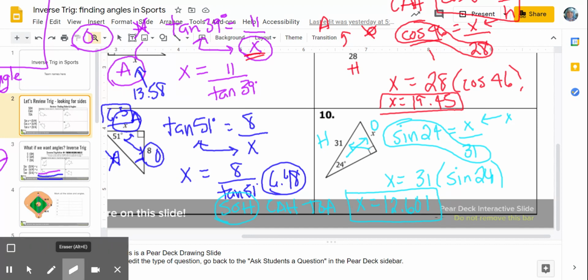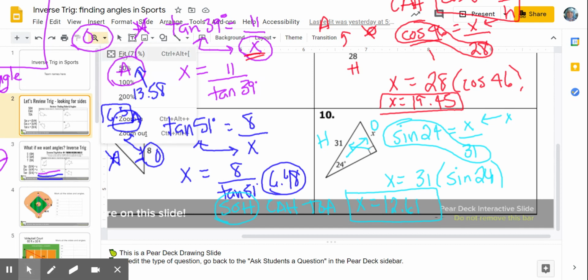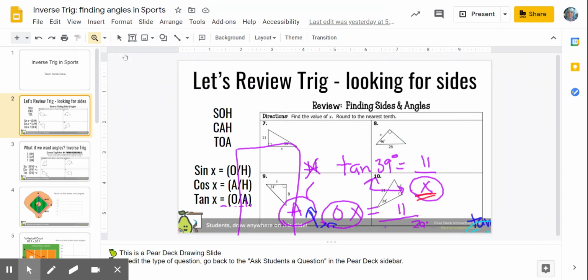Ah, not 061, just 61. I gotcha. Like that? How are we feeling about these? We okay with them? Starting to be? I always feel very gratified when we start getting good at trig.